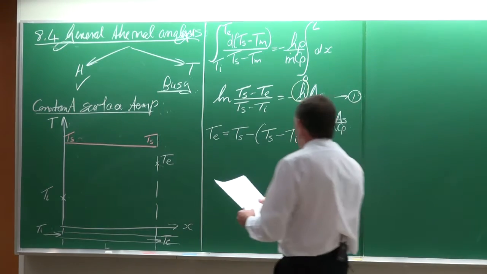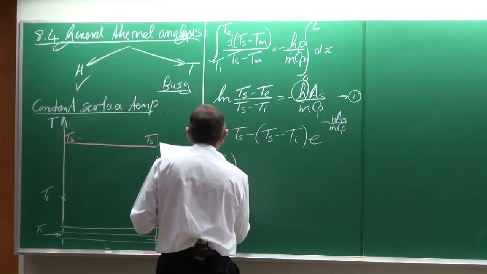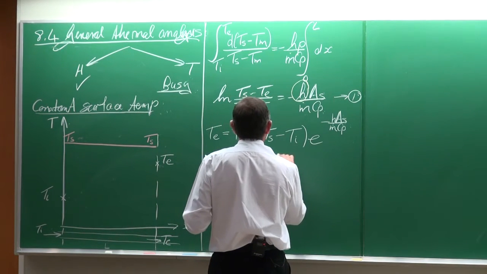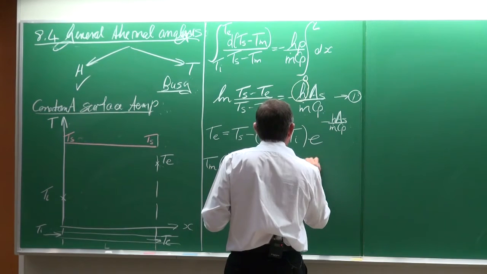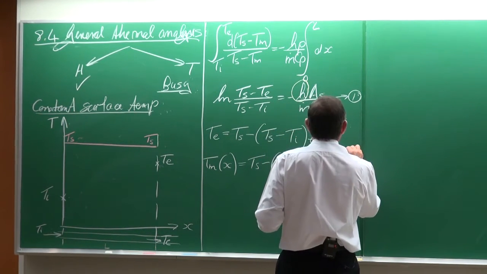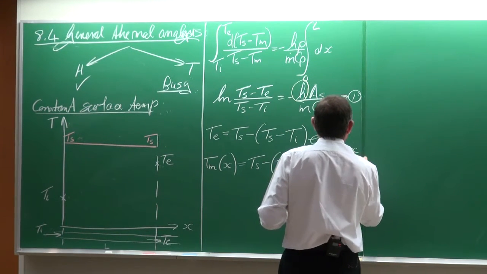Okay, so therefore we can write this as the mean temperature as a function of x is equal to Ts minus Ti e to the minus h multiplied by the perimeter x divided by the mass flow rate and Cp.